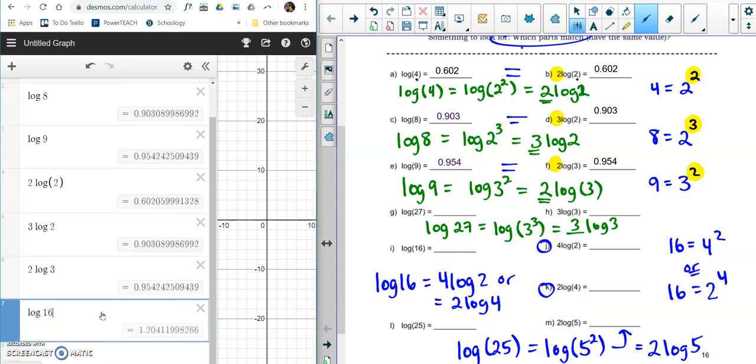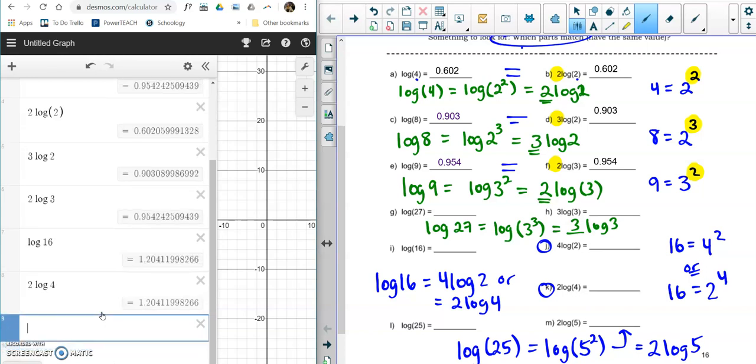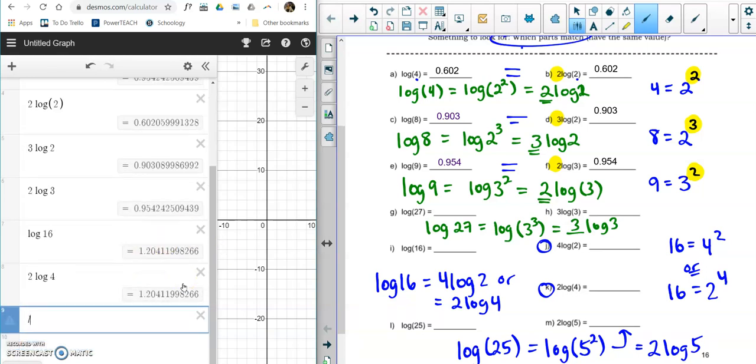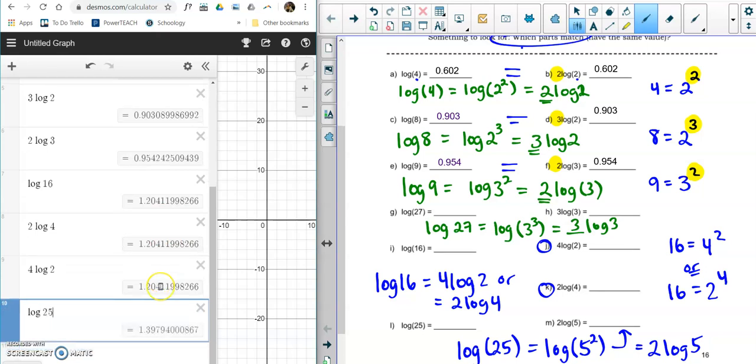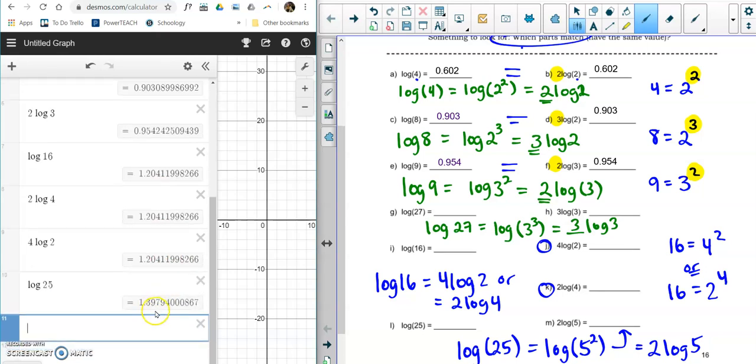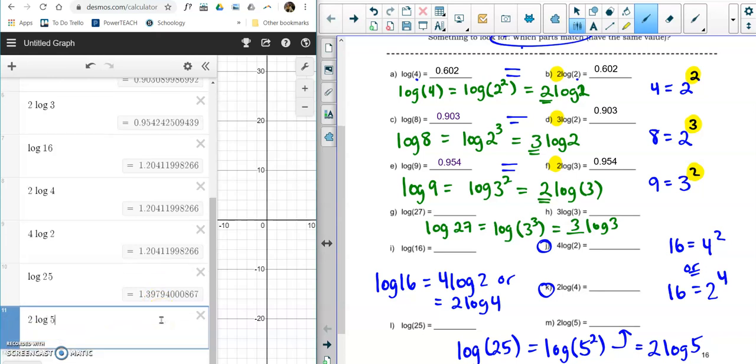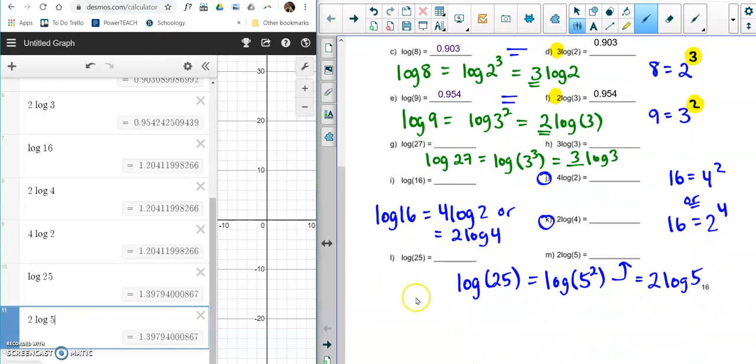Log 16 to log 4, you'd notice those numbers are the same. Is that the same as 4 log 2? Yes, it is. 3 numbers all the same in a row. Log of 25 is this 1.398 number. 2 logs of 5 is that exact same number. So you can certainly do that, but hopefully you're starting to see the pattern with the numbers.